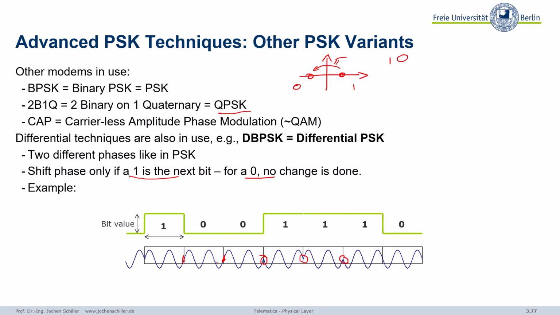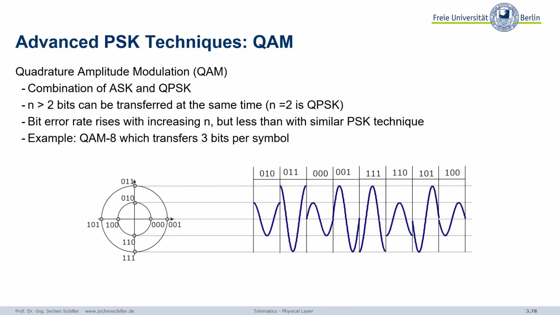Plus we can now combine PSK, phase shift keying, with amplitude modulation. This leads to a very basic scheme called quadrature amplitude modulation. So we have 2 amplitudes, amplitude 1 and amplitude 2, stronger and weaker signals, and we can combine this coding.